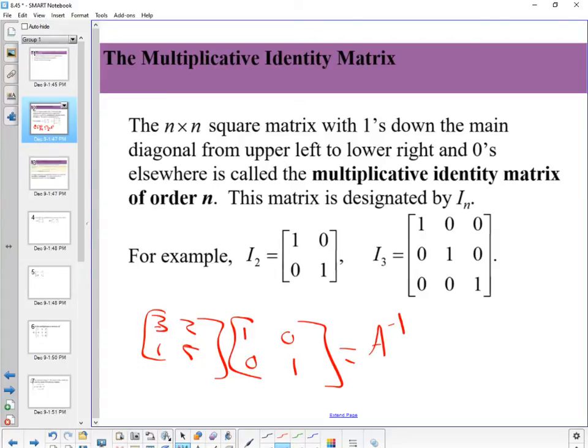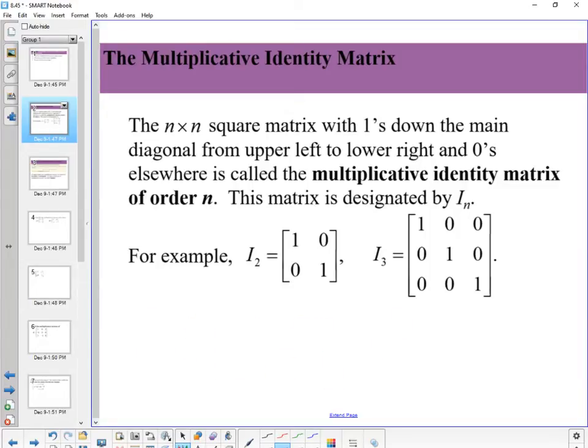On that same note, if I take some matrix and I multiply it by the inverse matrix, or the supposed inverse matrix, what should I get? I should get the multiplicative identity matrix.